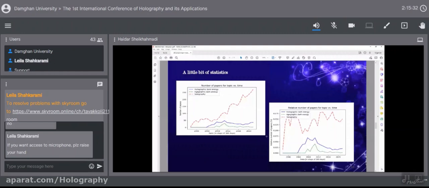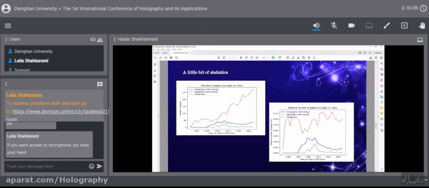There are some statistics of the publication of papers based on the arXiv database from 1994 to 2022, in which you can see the holographic principle has attracted much more papers to itself, and also agegraphic dark energy and holographic dark energy.